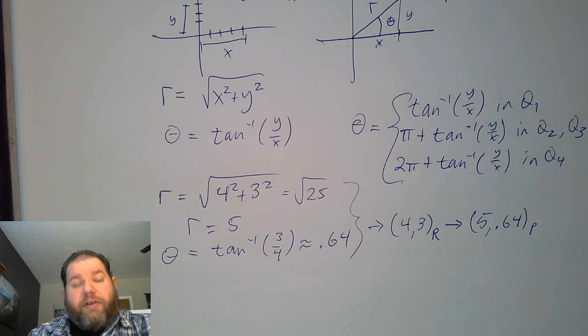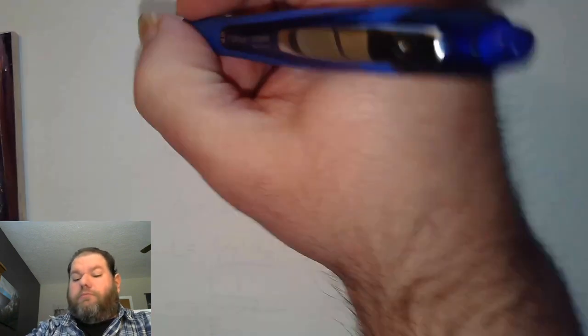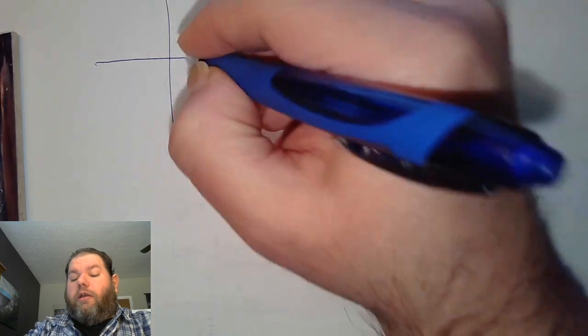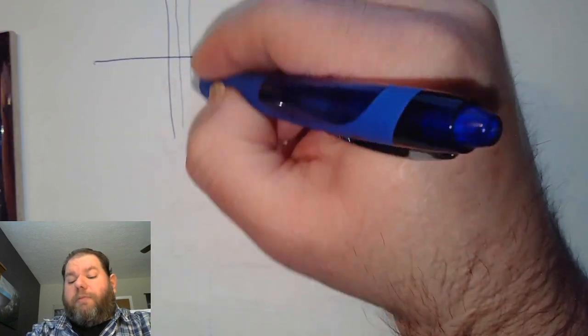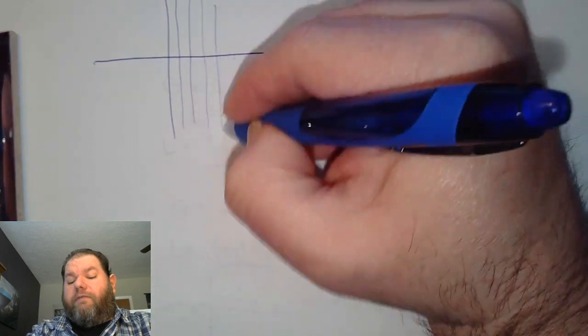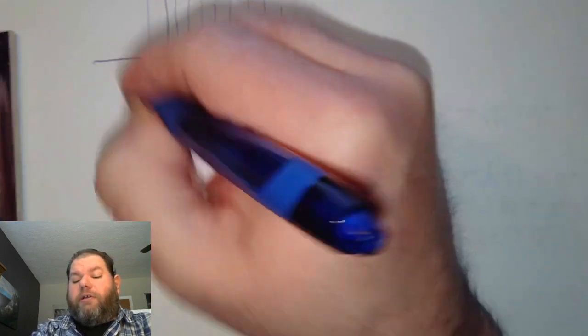Because when you look at rectangular space and the way that we assign values, a rectangular plane, not space. Space is 3 dimensions. With rectangular coordinates, we basically have a series of lines vertically and horizontally.